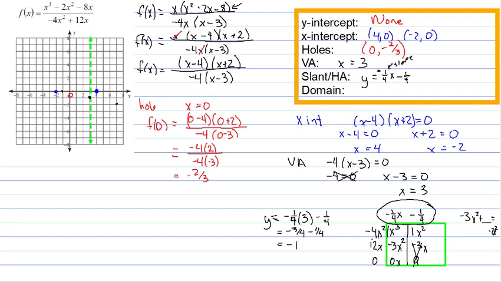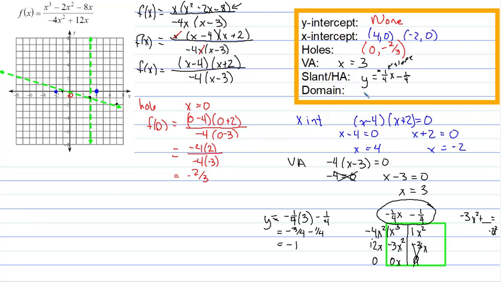And so I'm going to go ahead and graph that. And so that's my slant asymptote. And so to graph your slant asymptote, you actually have to go back to graphing a linear equation and those features. And if you need to, you can use your graphing calculator to help you find it.